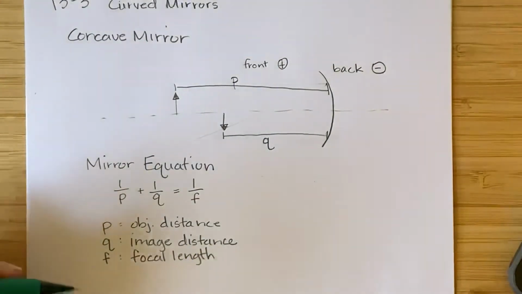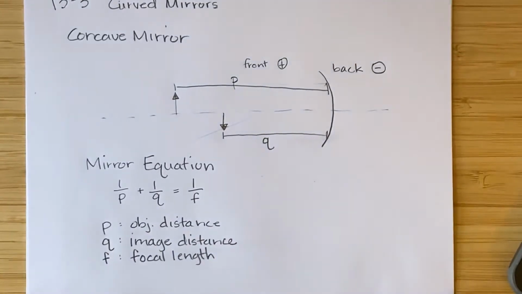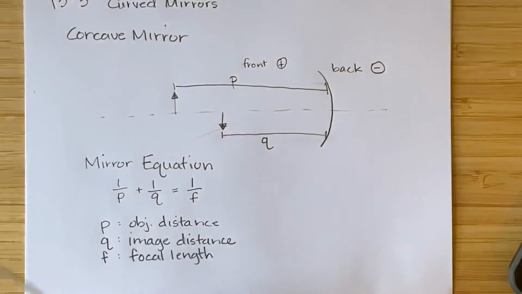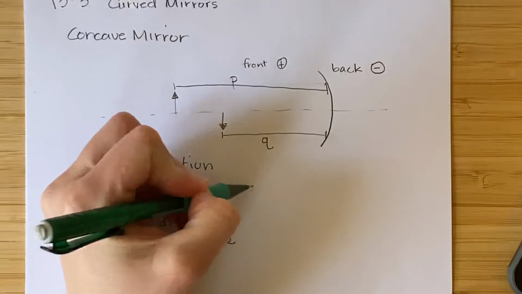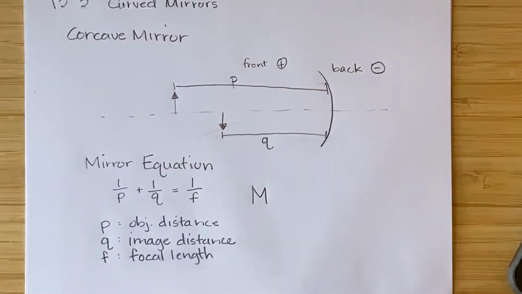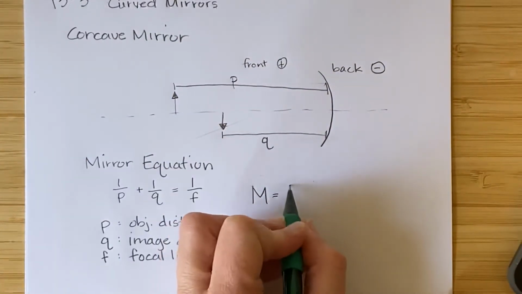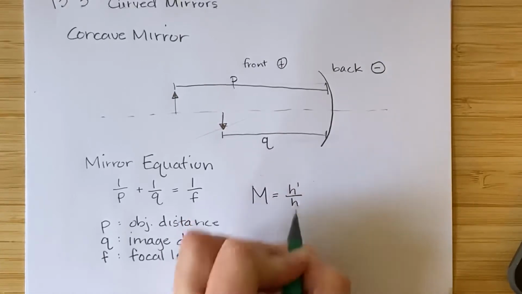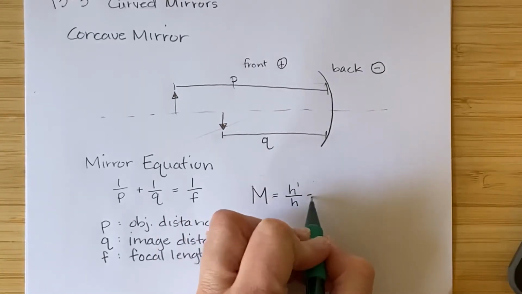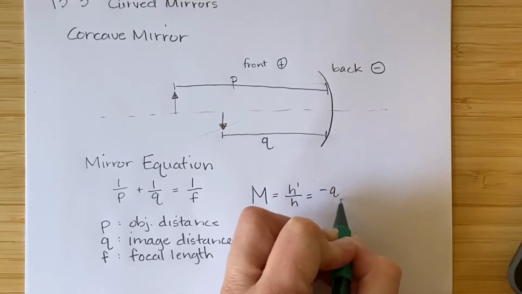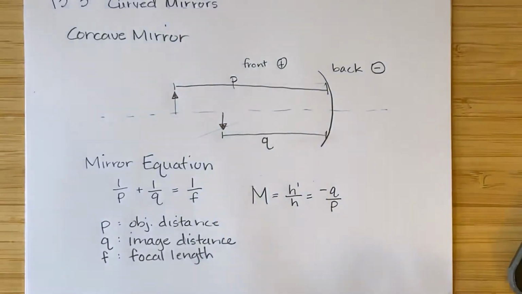We can also figure out the magnification from these mirrors. M is the magnification, and it's equal to h prime over h, or you can use negative q over p. So it's a ratio.